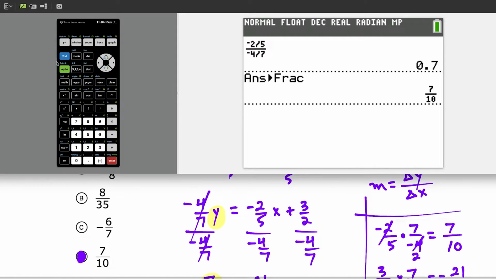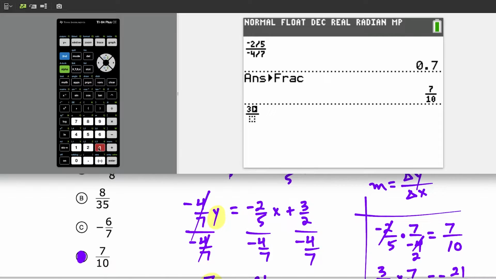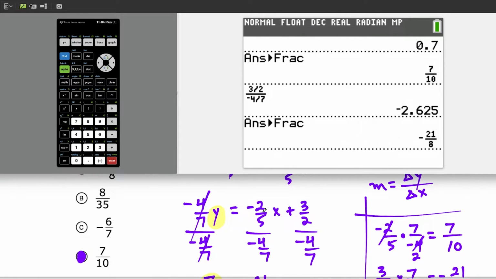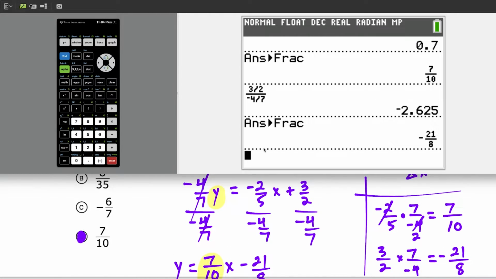If I divide these two fractions, so I'm going to do alpha y equals enter to pull up a blank fraction, and on top we have 3 over 2, and on bottom we have negative 4 over 7. And we press enter, and then I press math enter enter. Notice that I get negative 21 over 8. Okay, so you can use the calculator to divide your fractions. It's just a nice way to work through the arithmetic. But once again, we're getting choice D for this question.